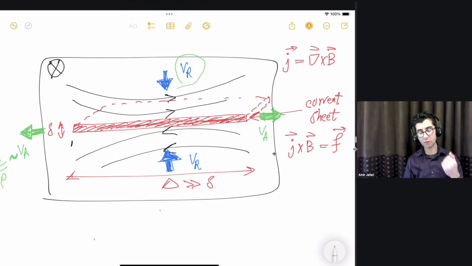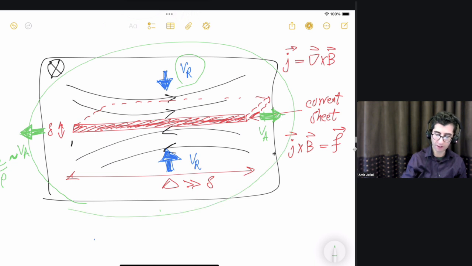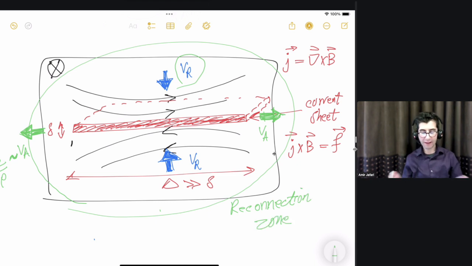With what speed this pushing happens, the pushing of plasma to the reconnection zone. You can call this area the reconnection zone, the zone or region of plasma where magnetic reconnection occurs, and this process is called magnetic reconnection.